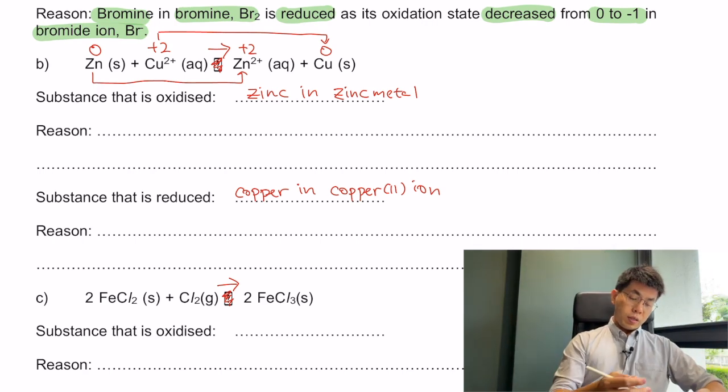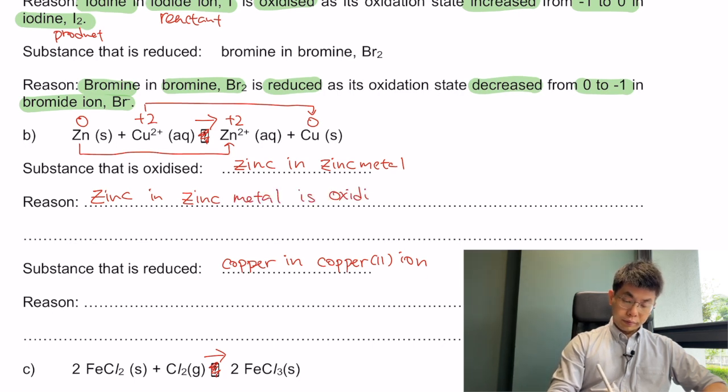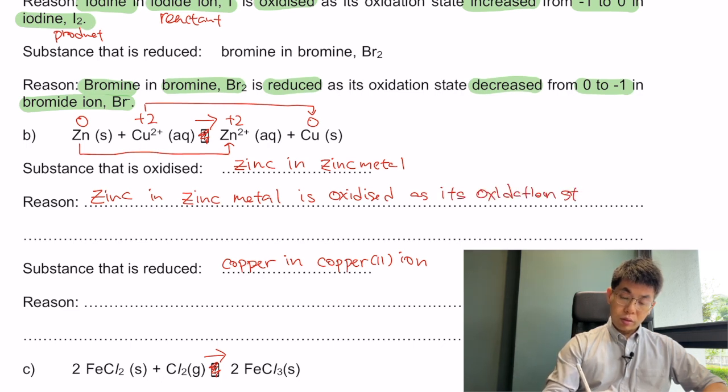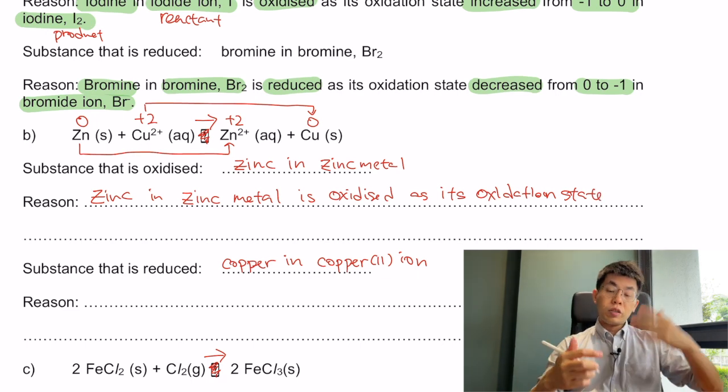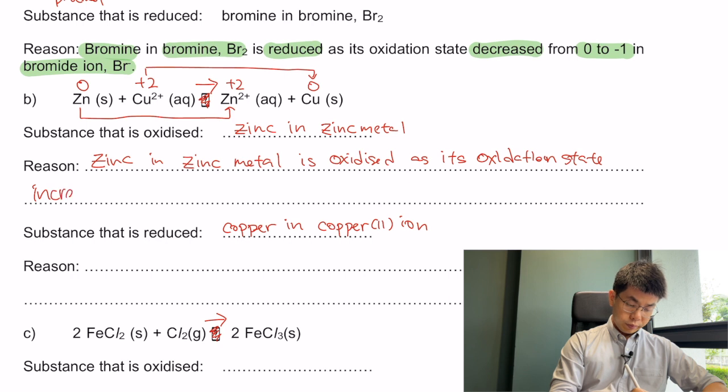So what's the reason? Let's use the format that we have learned. We will say that the zinc in zinc metal is oxidized as its oxidation state increased, because oxidation is an increase in oxidation state. From what to what?